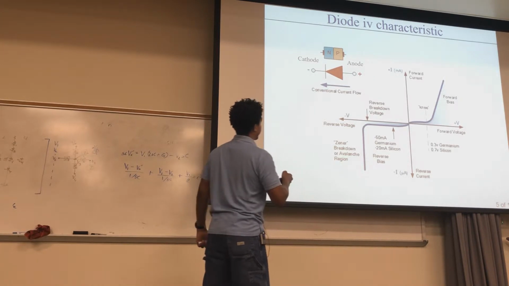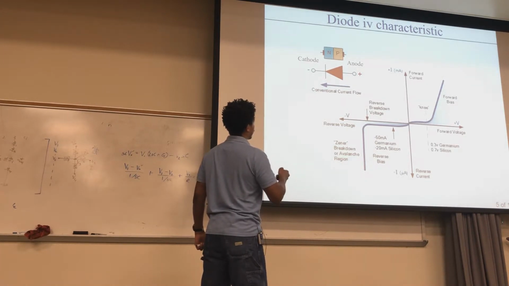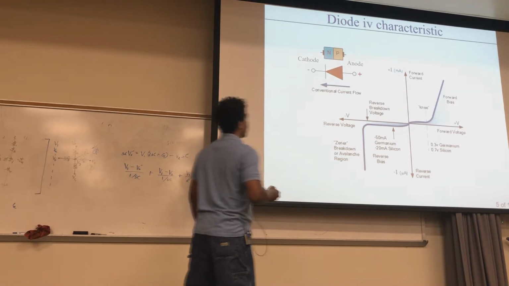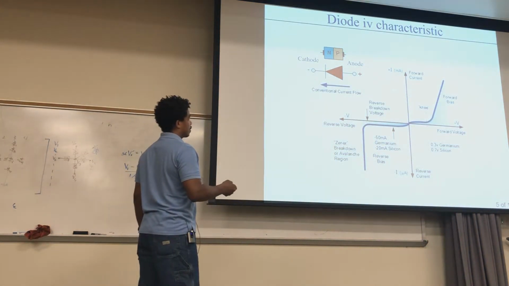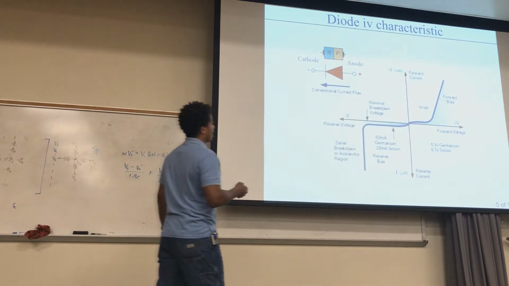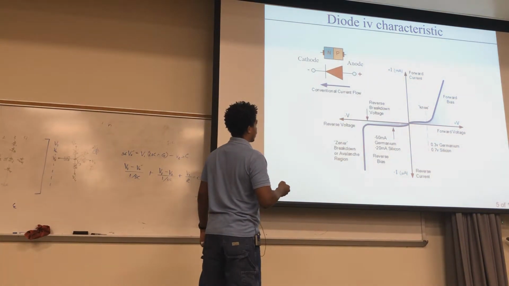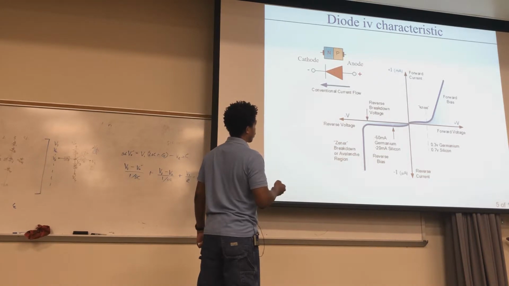Okay, and this is when it's forward biased. That means current is flowing this direction when this voltage is higher than that voltage. Now when this voltage over here is higher than that voltage, you have very little current flow going that direction. So current is going this direction, but it's very small.